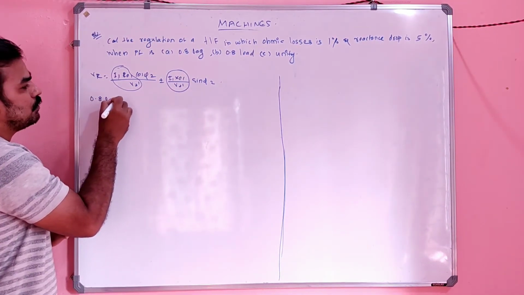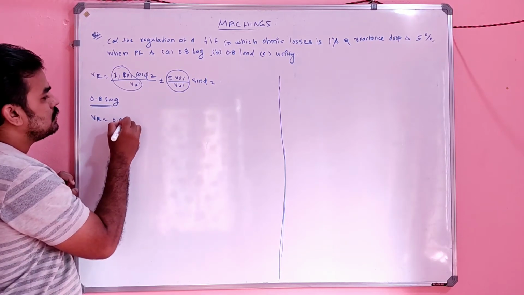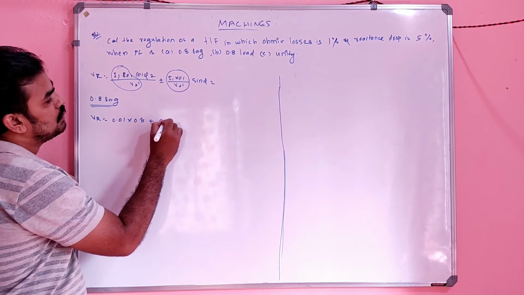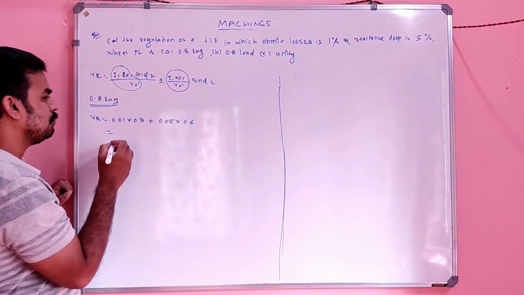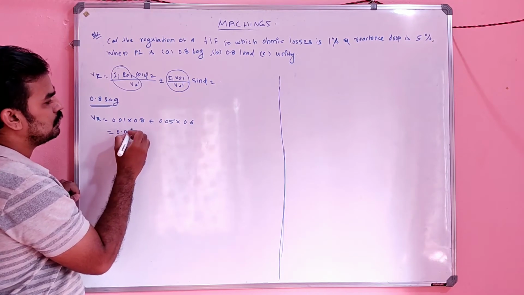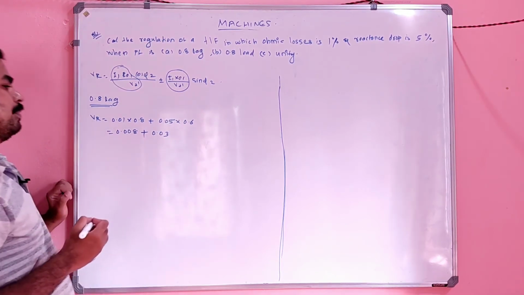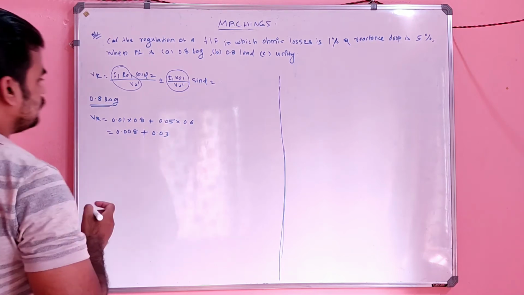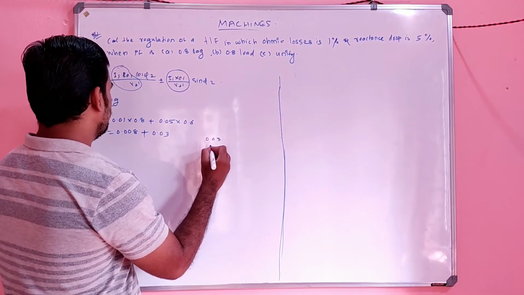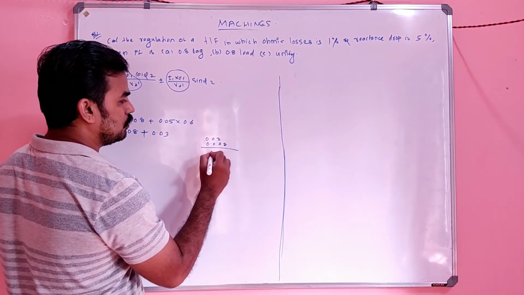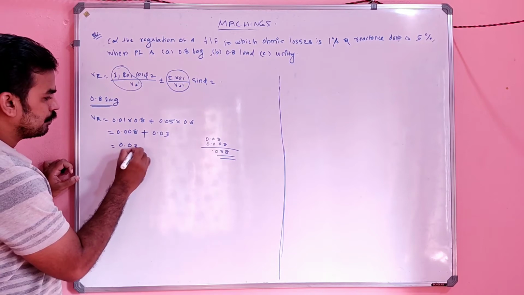Let's do first for 0.8 lag. VR is equal to 0.01 into 0.8 plus 0.05 into 0.6. 0.01 into 0.8 is 0.008, and 0.05 into 0.6 is 0.03. So it will be 0.038.